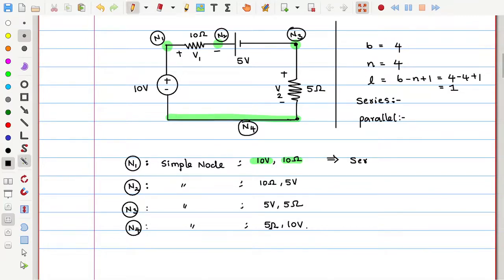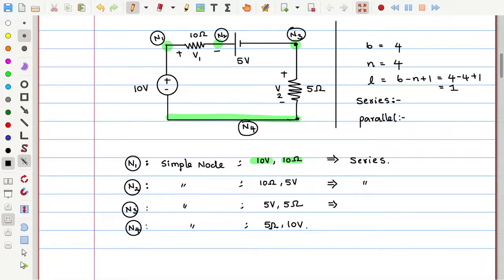Clear? So the 10 volts source and the 10 ohms resistance are connected in series. These are the conclusion points by looking at the node nature. If N2 is a simple node connecting these two elements, I can say those two elements are in series. What are they? 10 ohms and 5 volts are connected in series. Got my point?